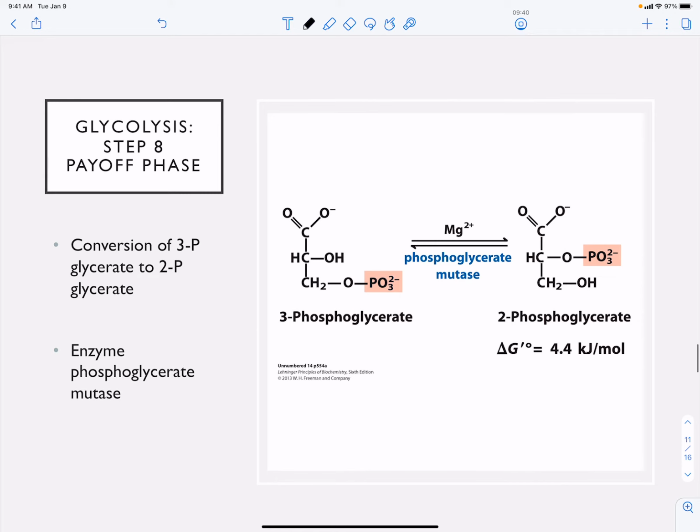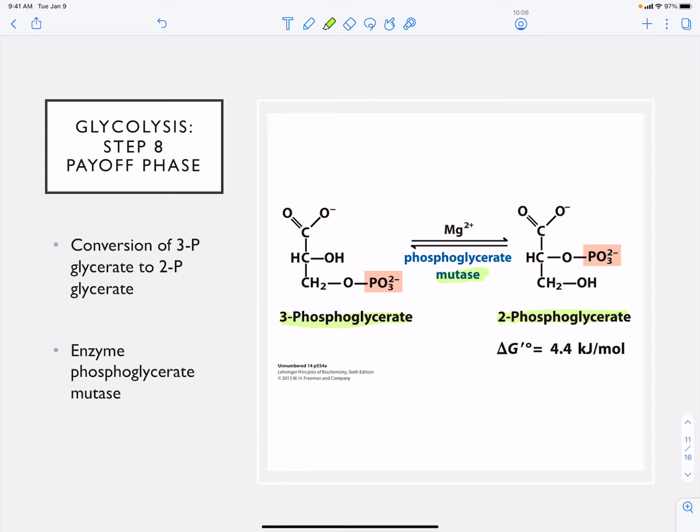Now, in the payoff phase, the next step is going to be through a mutase. And so here we have 3-phosphoglycerate, and we're going to generate 2-phosphoglycerate. And this is going to be through a mutase. Now, the conversion of this is not simply the mutase takes your phosphate and moves it to the position 2.